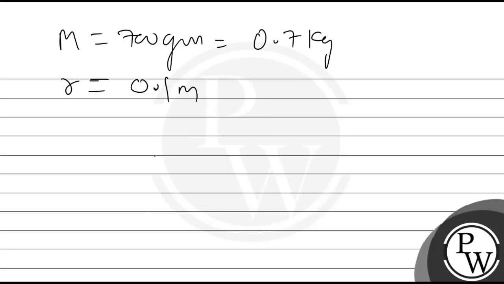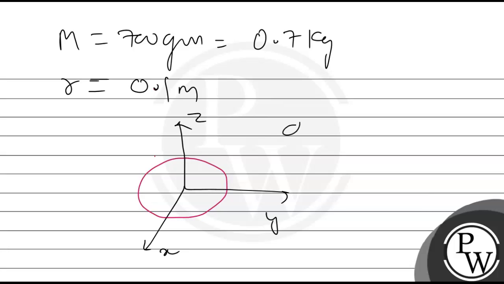This is the disc, and these are the x-axis, y-axis, and z-axis. The disc is in the xy plane, and the z-axis is perpendicular to it and passes through the center of mass, which is nothing but the center of the disc.